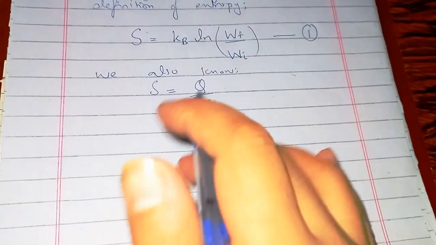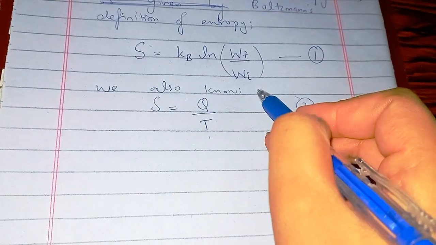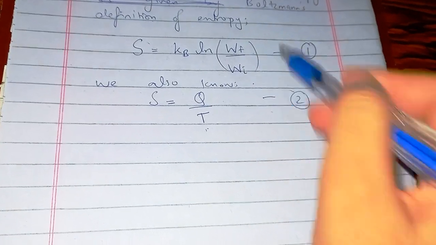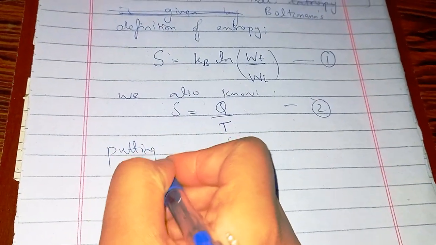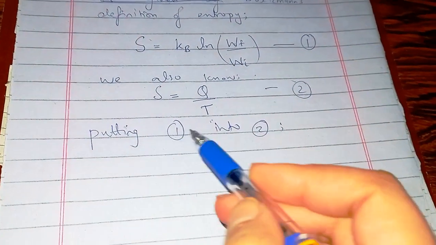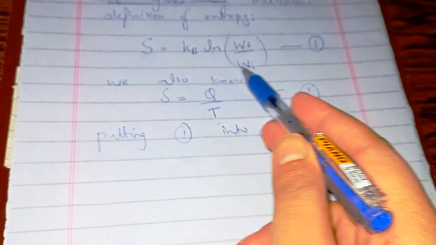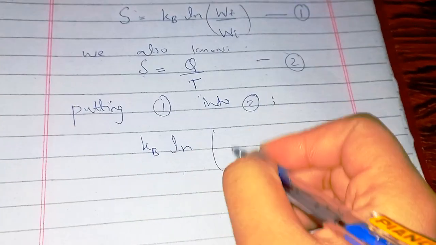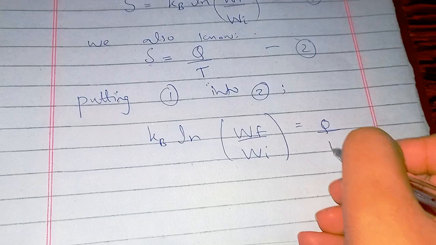So we can equate both of these equations because we want Wf by Wi and we know Kb, Q and T. So putting 1 into 2, we'll place the value of S here. So it's Kb natural log of Wf by Wi equals Q over T.